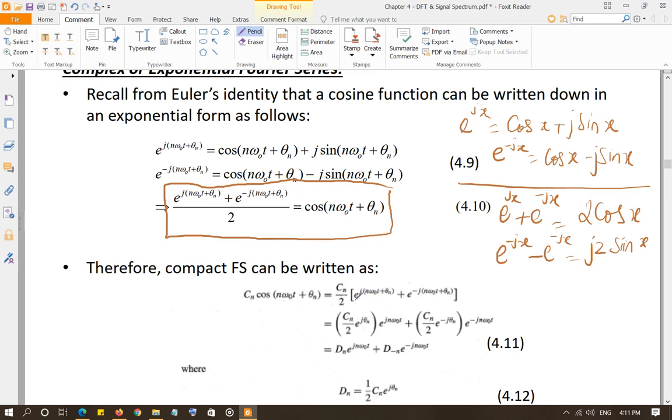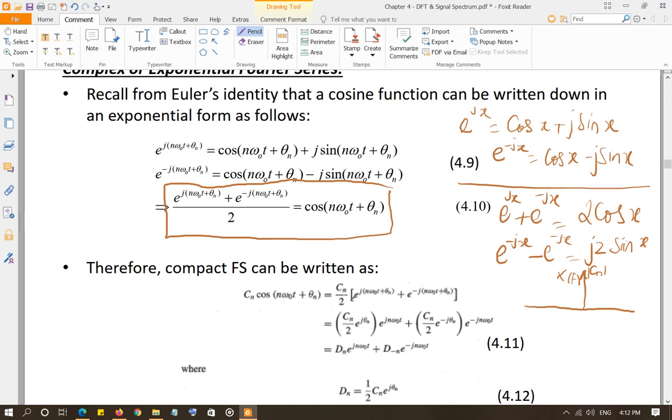And remember, this is why your cosine spectrum has 2 impulses. Again, go back to this is Cn. Go back to the spectrum that we discussed, the cosine spectrum or X of f that we discussed, right?